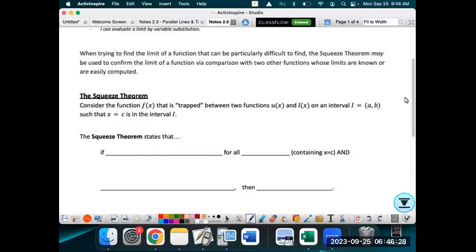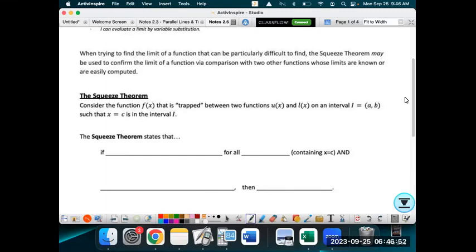So let me go over what the squeeze theorem says. It says, consider the function f of x that is trapped between two functions, u of x and L of x, on the interval a to b. I'm going to stop here for a second. This is just basically saying that our function is in between two other functions. It does not always need to be between those two functions.